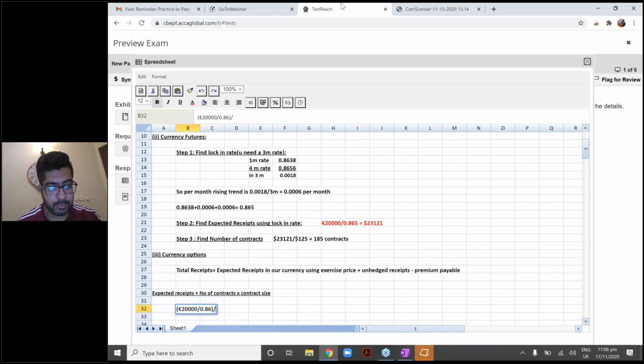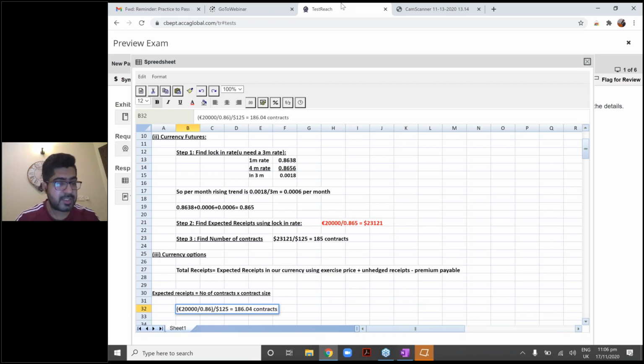The contract size is 125 because I'm dealing in thousands. This gives us 186.04 contracts.